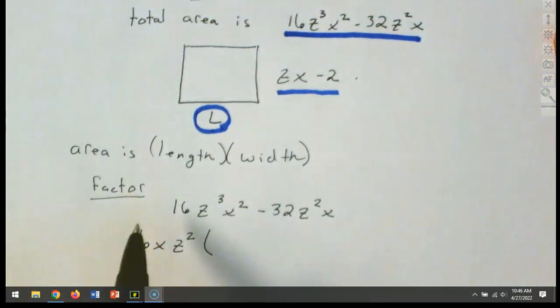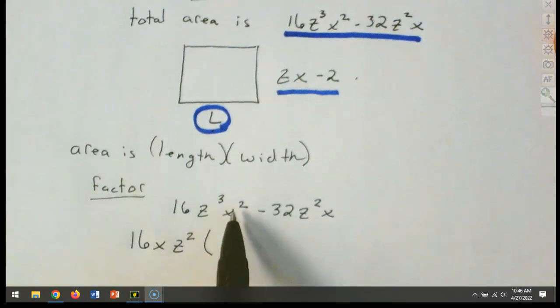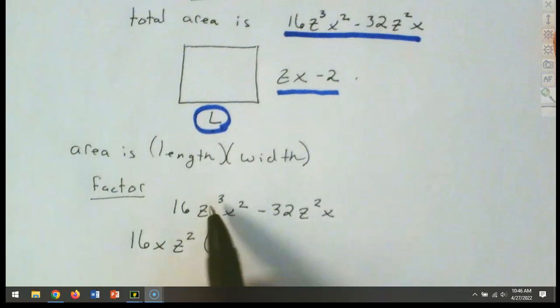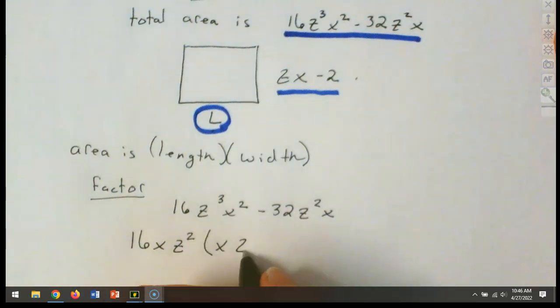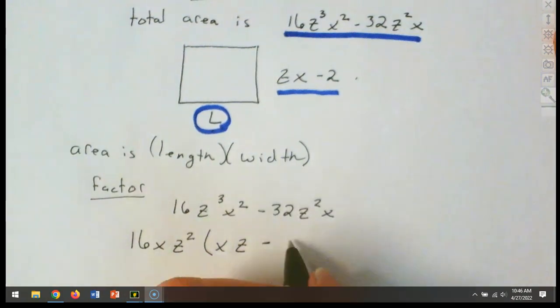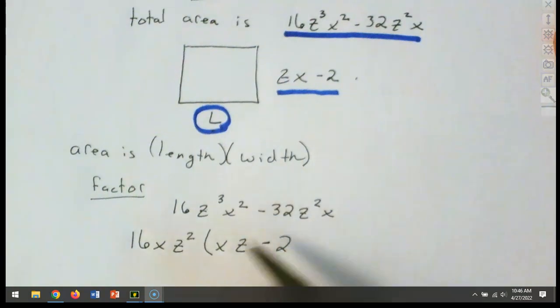The 16s are gone, x squared, x is left over, z cubed leaves you with a z. And then we've got a minus, and 32 divided by 16, that's a 2. Z squared is gone. X is gone.